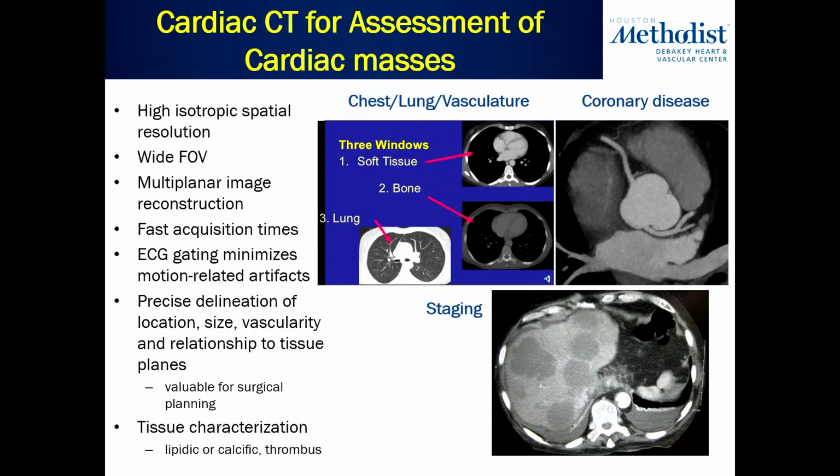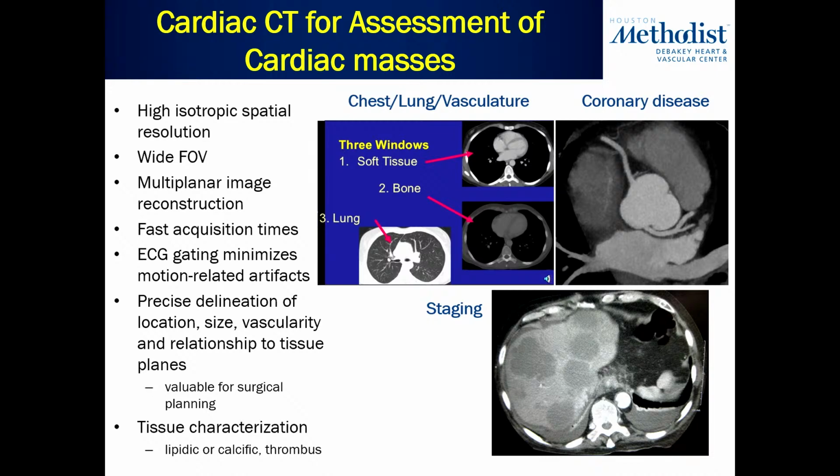As I had mentioned, there are several ways we can analyze the data. We can look at soft tissue windows, bone windows, lung windows. All of these tell us in great detail where this lesion is and allow us to describe it well. This becomes very valuable for the surgeons because it helps them in their surgical planning. If this patient is headed to the operating room, it's frequently important to know whether they have coronary disease, and these techniques can also visualize the coronary arteries.